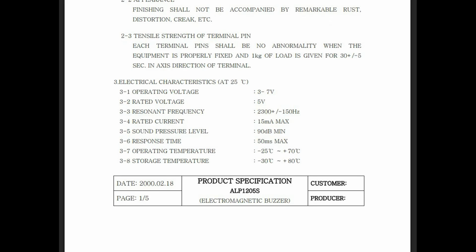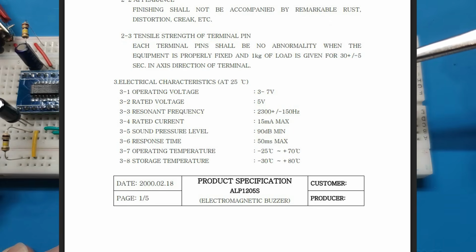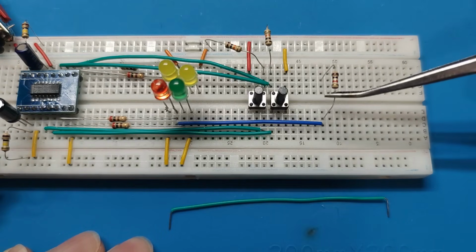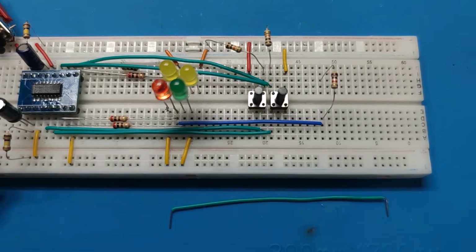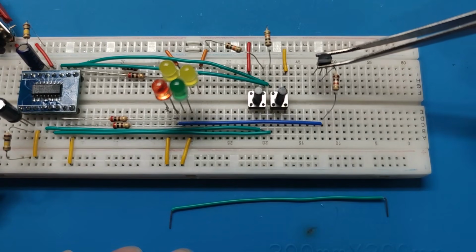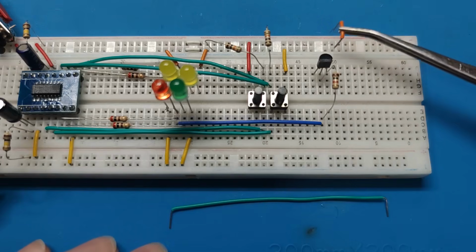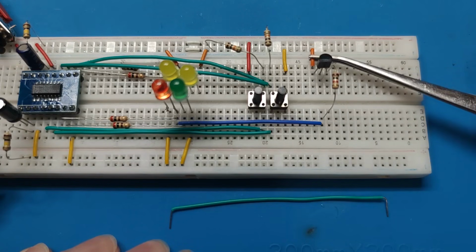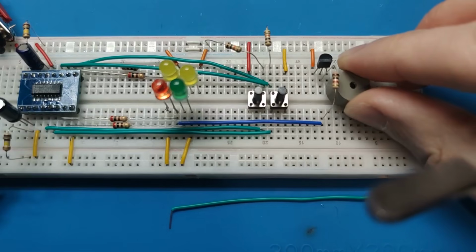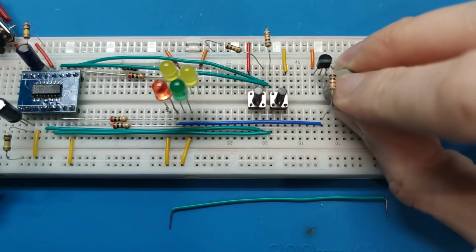It puts out a very loud sound at a frequency slightly over 2 kHz, when supplied with a DC voltage anywhere from 3 to 7 volts. The maximum output current of this chip is only 10 mA, but this buzzer draws 15 mA. That's why I added a simple transistor switch. It will provide enough current to drive this speaker.